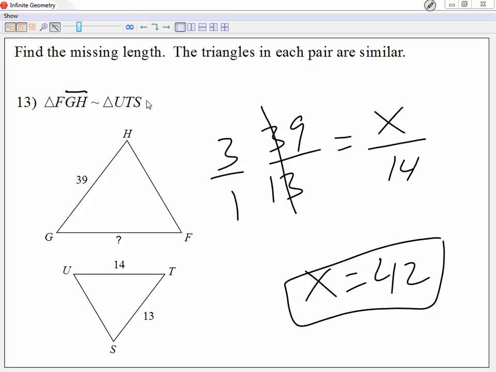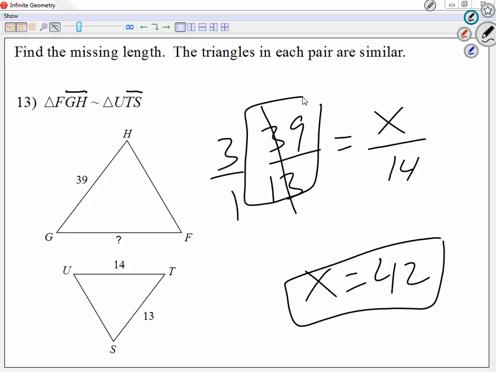Make sure you keep that with TS, which are the last two letters of the other figure. TS on the other side is 13. See how 39 and 13, I kept them together in a fraction? So that's how you can tell. If you cannot tell, I tell you guys to measure it if you need to. You can use the edge of a paper. If not, there's a notation as well. Any questions up until 16?